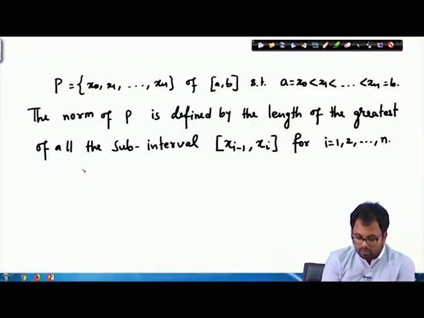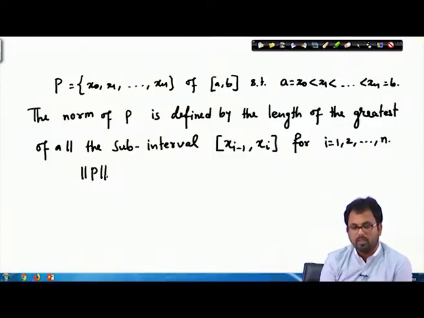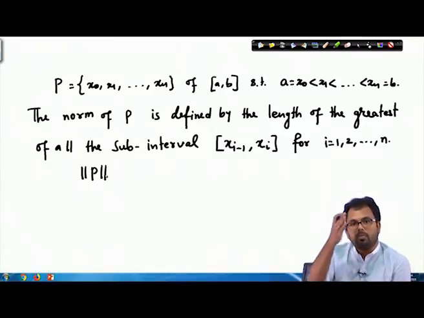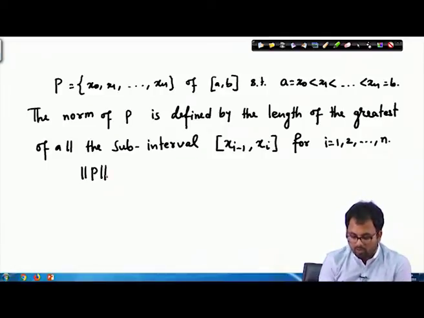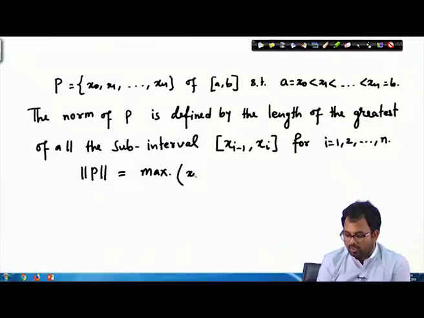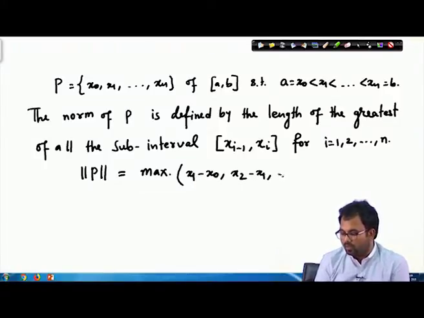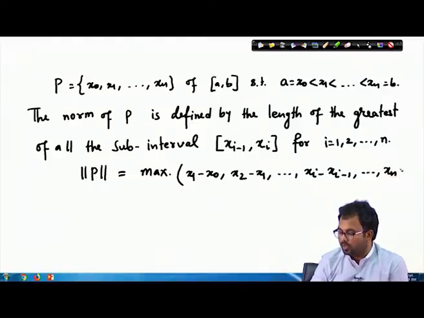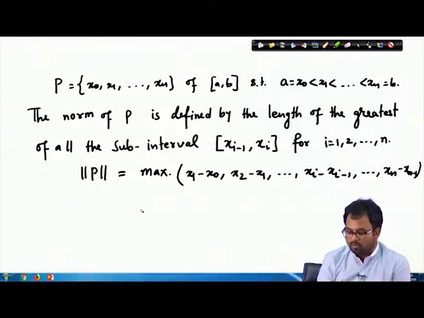So the norm is usually denoted by this double bar notation. The norm of P is basically the greatest, so we can write it as the maximum of x1 minus x0, x2 minus x1, up to xn minus x(n-1).